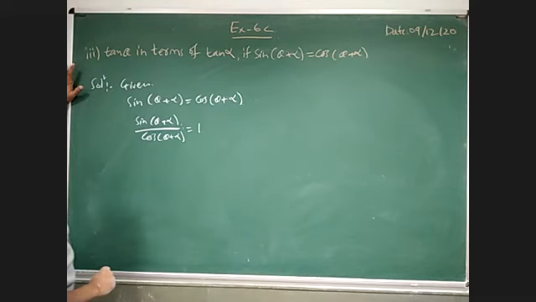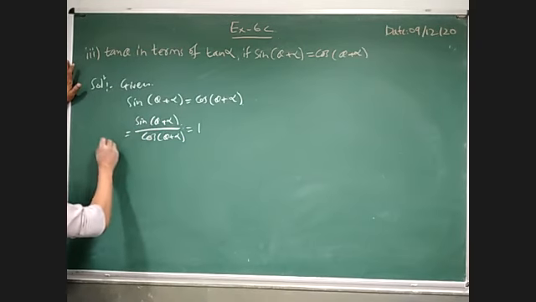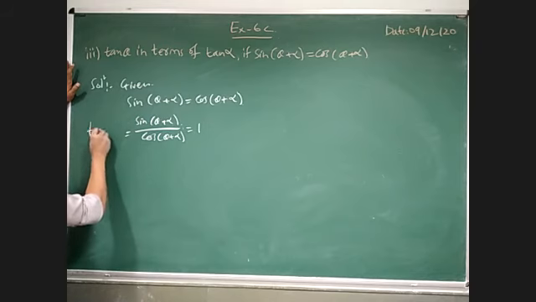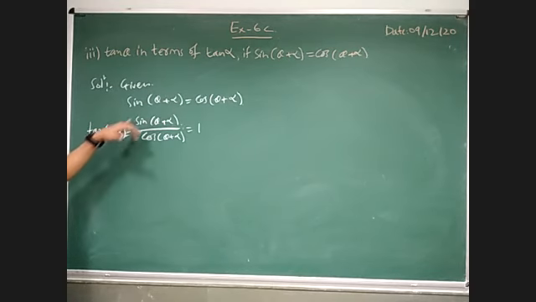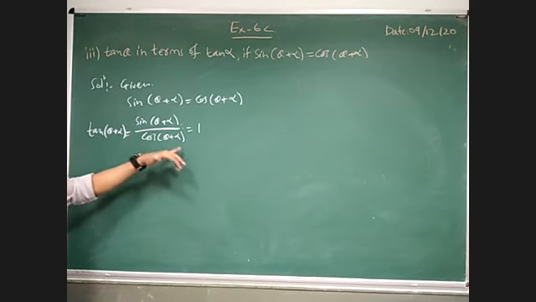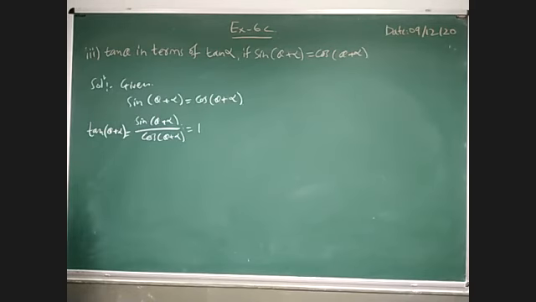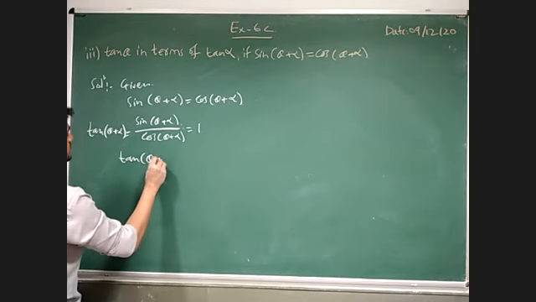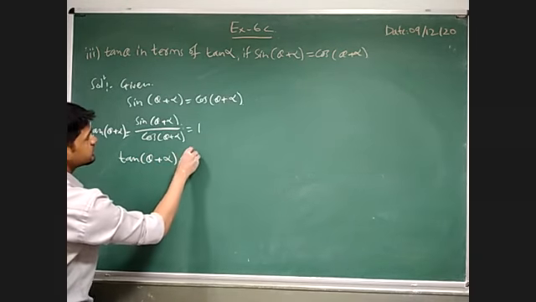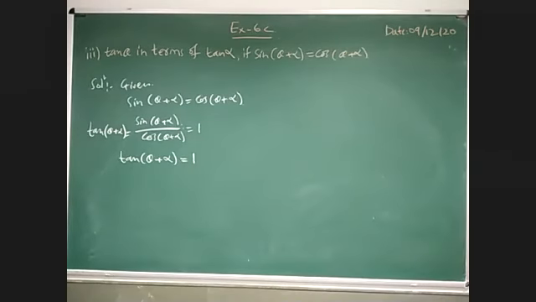Okay, now I can write sin by cos as tan. Tan theta plus alpha is nothing but sin theta plus alpha over cos theta plus alpha, and is equal to 1. So I found that tan theta plus alpha is coming 1.